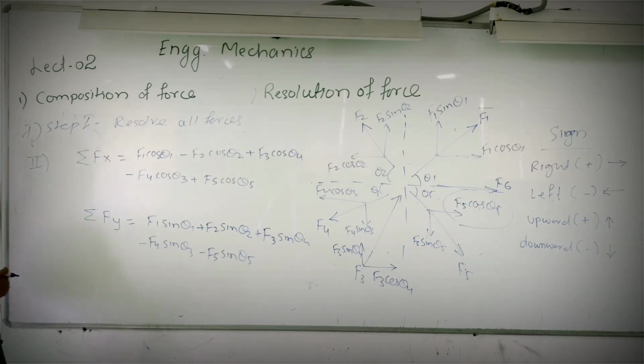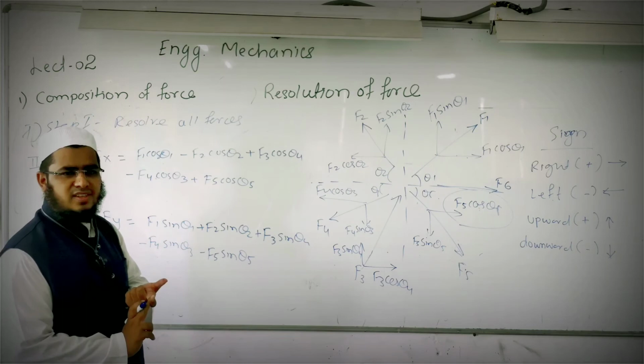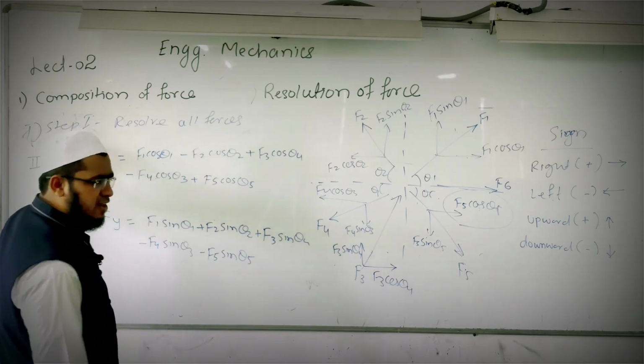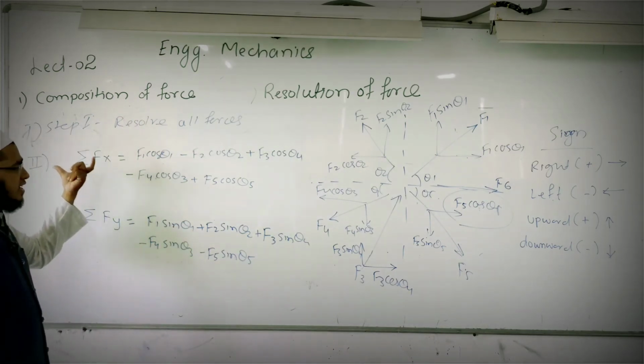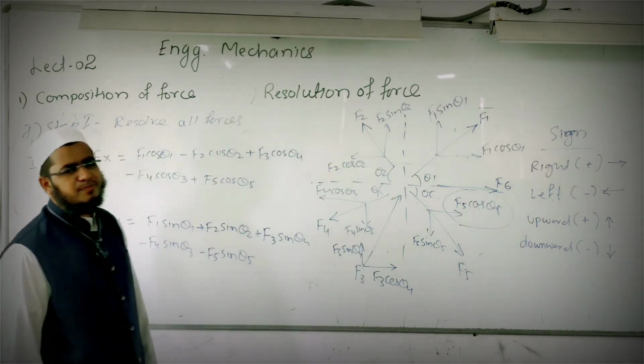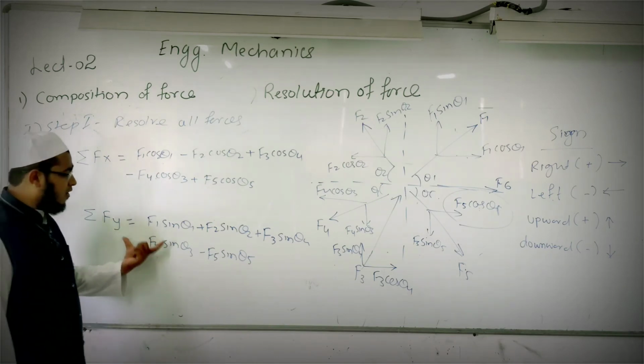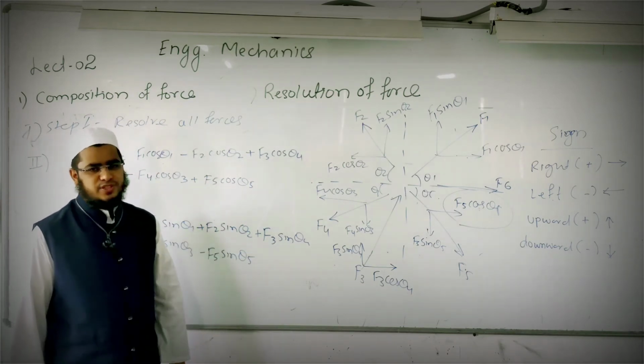Now what is this? This Fx and Fy are two forces which are mutually perpendicular to each other. Summation Fx represents the effect of all horizontal forces in the force system, and summation Fy represents the effect of all vertical forces in the force system.